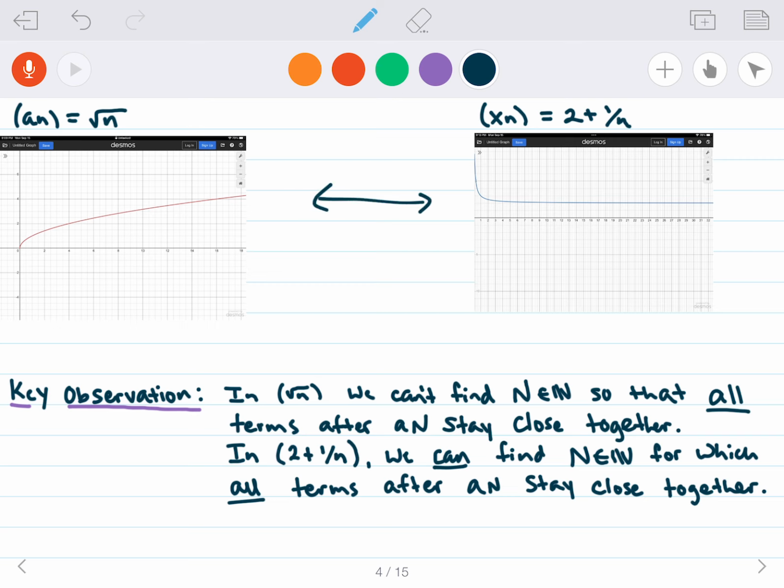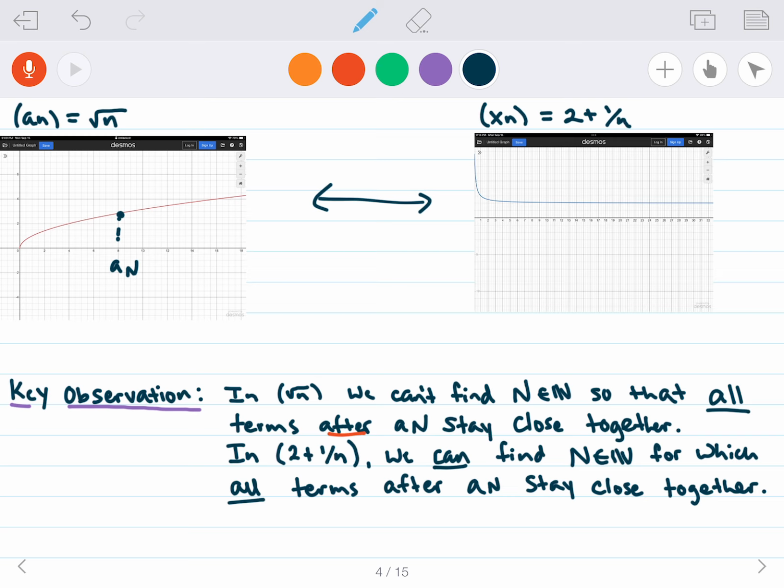From our limited scope of the picture, we can't say too much, but the idea is that with the square root of n, we can't find a large enough capital N so that all terms after a sub capital N stay close together. We're thinking about how close these terms are to each other, not necessarily consecutive terms.